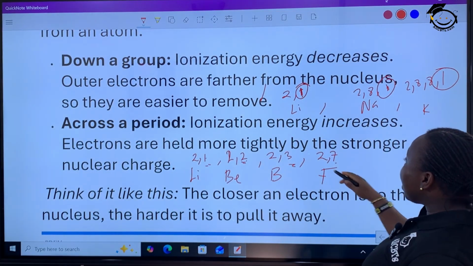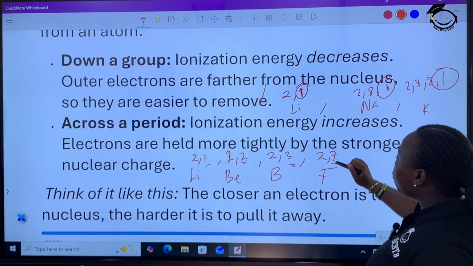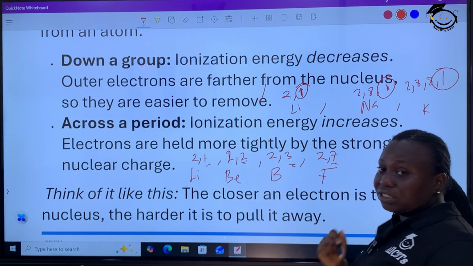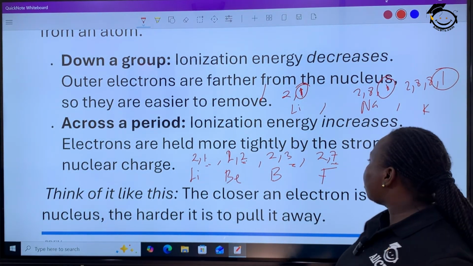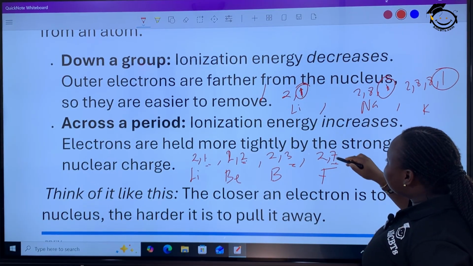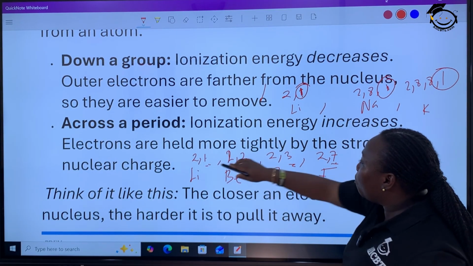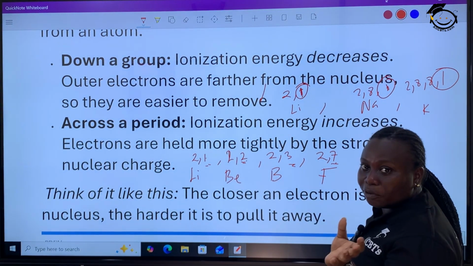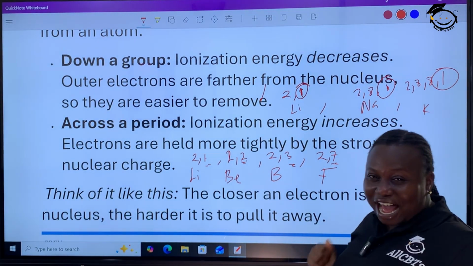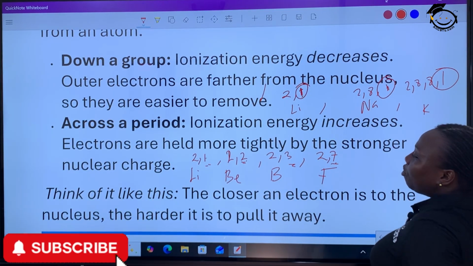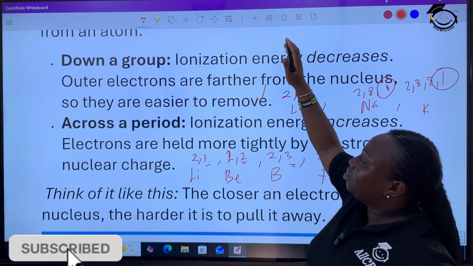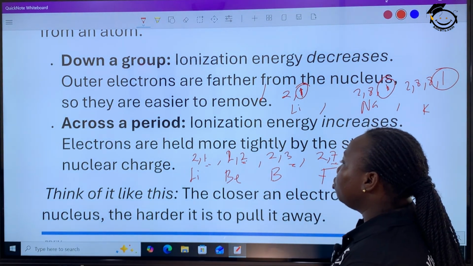Now let's compare the energy used to remove these 7 from fluorine. It will be very hard, because if you compare 7 and 1, 1 is easy, but this 7 needs to be hard. This is why we say that the energy increases across the period and decreases down the group.